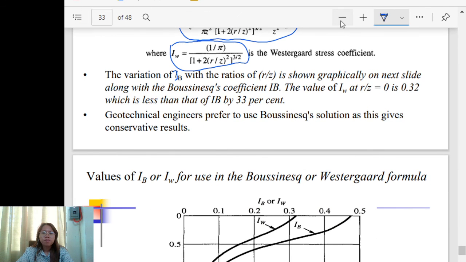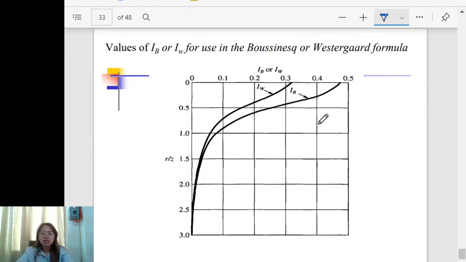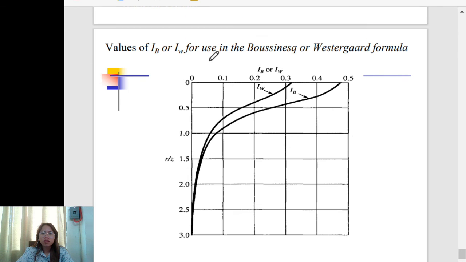So the Boussinesq equation gives larger values. This is the difference between the value of I sub B, the Boussinesq coefficient, and the Westergaard coefficient, for use in the Boussinesq or Westergaard formula. Alright.